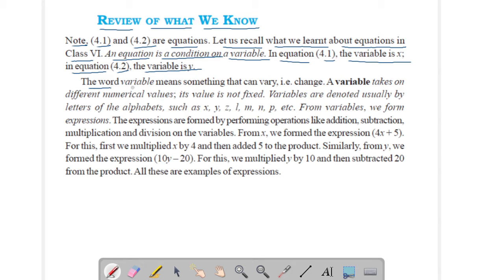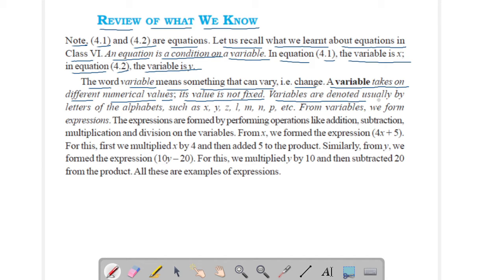The word variable means something that we can vary, that is, change. A variable takes on different numerical values. Its value is not fixed.